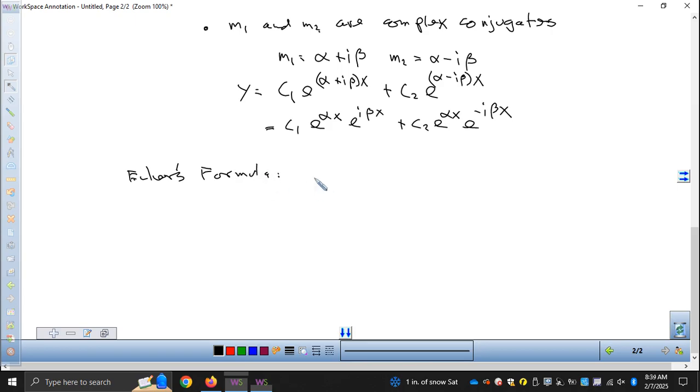Euler's formula tells us e to the i theta is cosine theta plus i sine theta. So we have this relationship between the exponential function, complex numbers, and trig functions. This is, to me, the big review today. When you get complex solutions to our differential equation, that leads to trigonometric solutions.